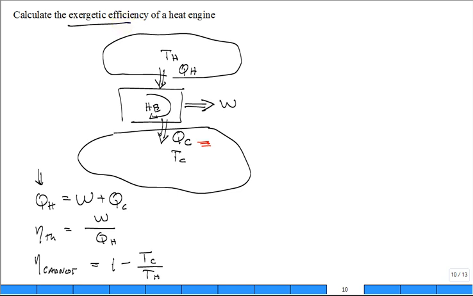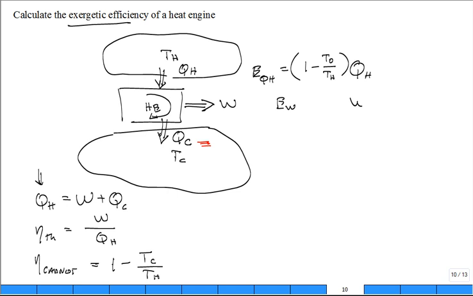What is the flow rate of exergy coming in, or how about just the amount of exergy coming in with QH? Do you remember the equation? It's proportional to QH. What was that constant in front of it? 1 minus the dead state divided by the temperature that it comes in. What is the flow of exergy with the work going out of the heat engine?